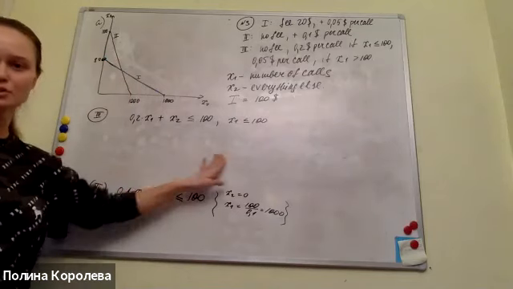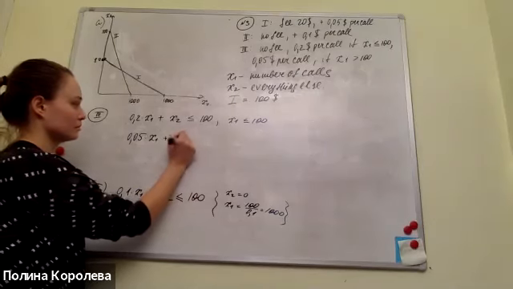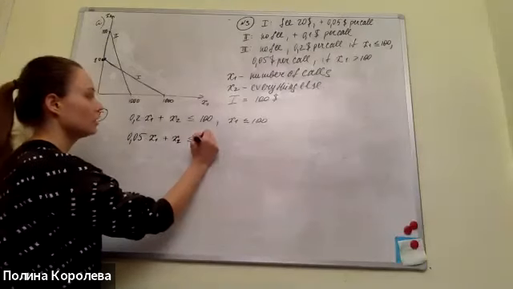Any suggestions, please? 0.05 multiplied by x1, plus x2. And more than 100.